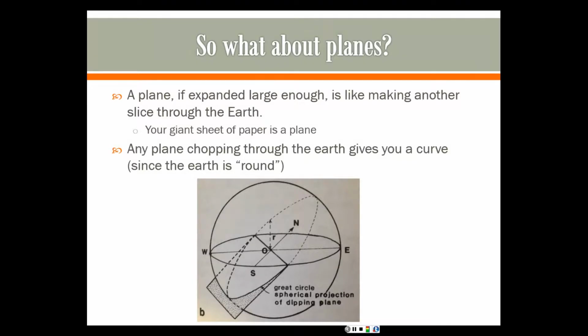So it's going to cut through the whole globe. Slide it so it goes through the origin, the center of the Earth, and we'll see something like this, where it's a big enough plane now, it goes through the edges of the Earth, and the Earth makes a circle on that plane. And it's called a great circle. It's called that because it's the biggest circle possible from the Earth.